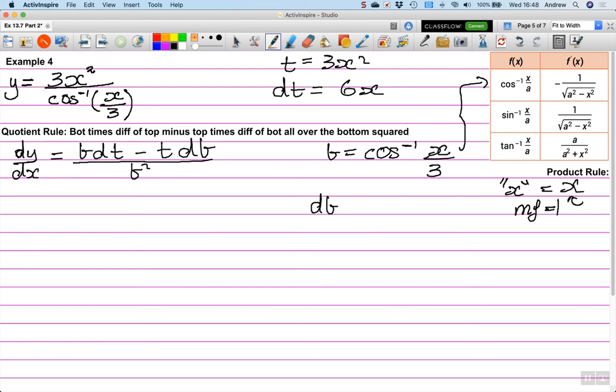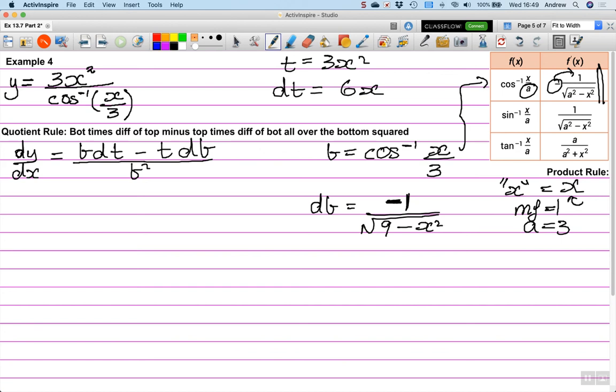The number on the bottom, which is the a, is 3, so a is equal to 3. So now we can apply this formula here. So the differential of the bottom is going to be minus 1, because you can bring that minus and put it into here, all over the square root of a squared minus x squared. Of course a is 3, so a squared is 9, minus x squared.